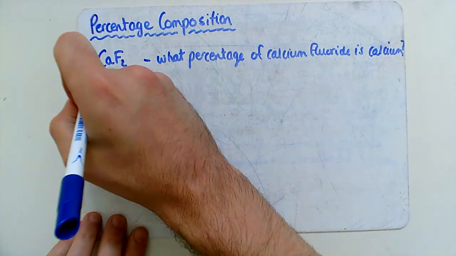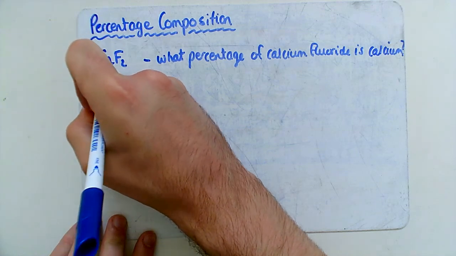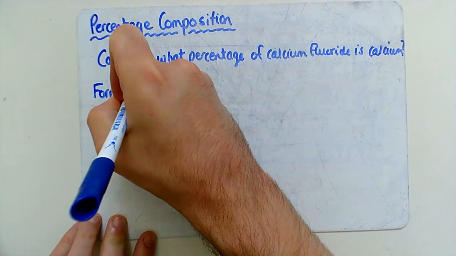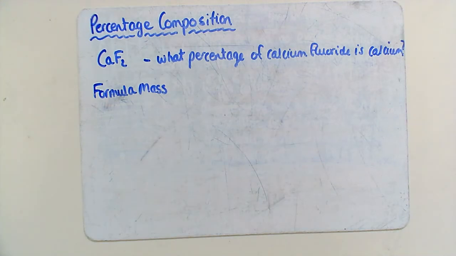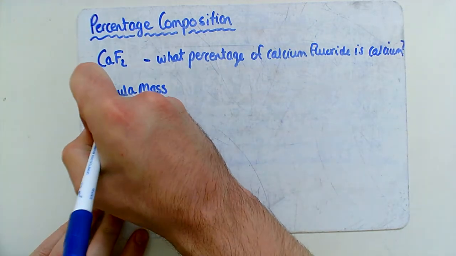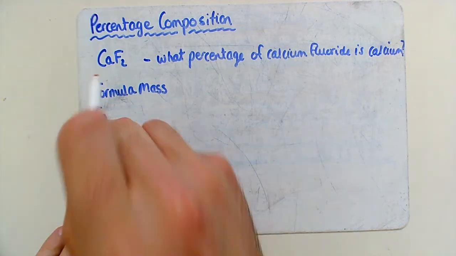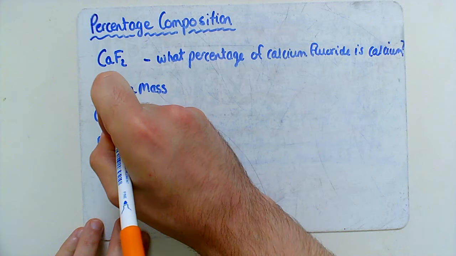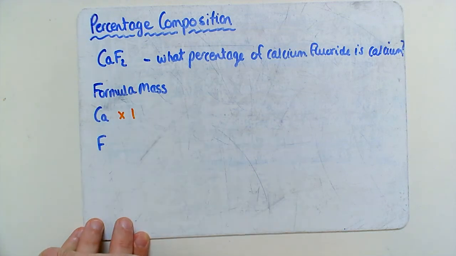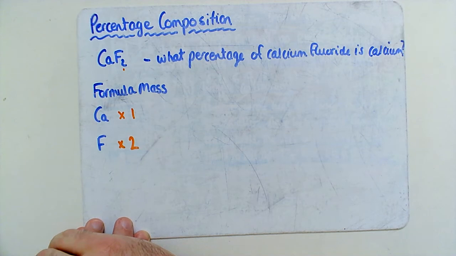And the first step is always, what is the formula mass? Okay, well, there are 2 elements: we have calcium, we have fluorine. From the formula, there's no number after calcium and there's no brackets, so we know there's 1 of them. Fluorine, we've got the number 2 here, so we know there's 2 of them.